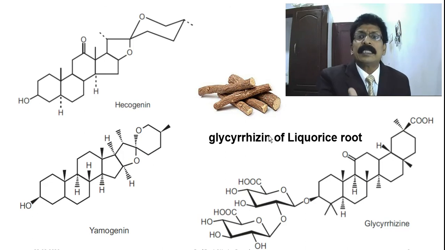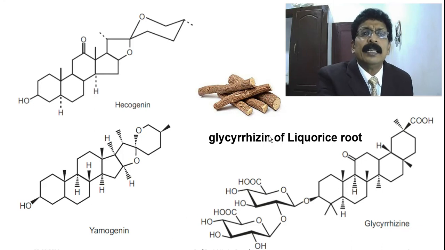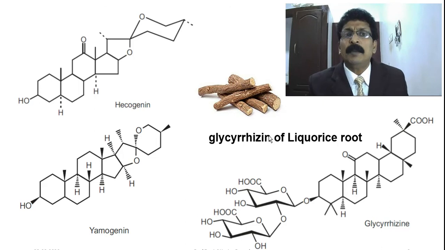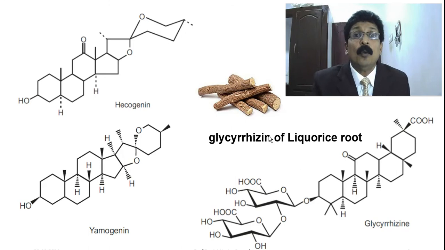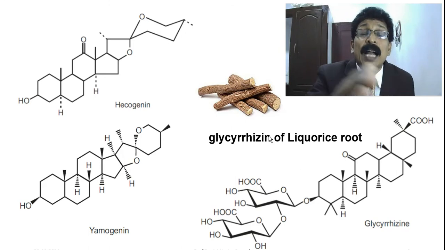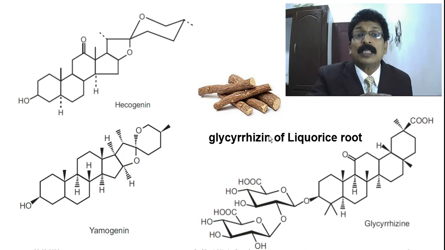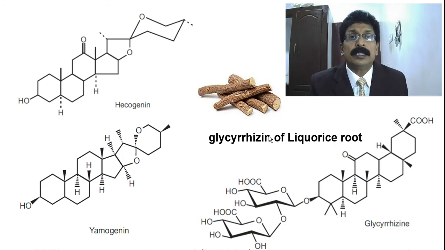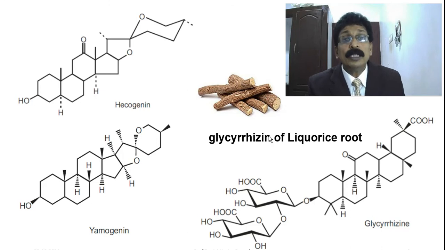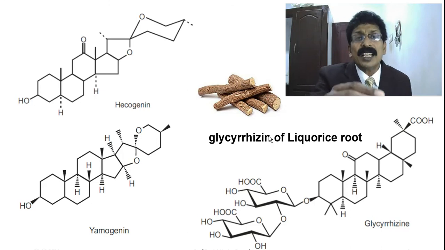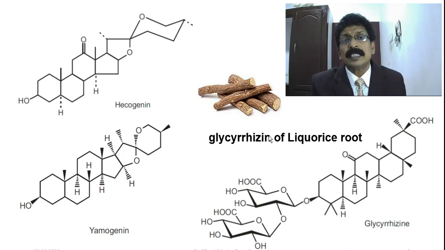So see this structure, it is a basic structure of the ring. That is the phenanthrene ring structure, 3 six-membered rings and 1 five-membered cyclopentanone structure, which is connected with 2 lactone rings, 1 five-membered lactone ring and 1 six-membered lactone ring. Hecogenin and diosgenin have almost the same structure.